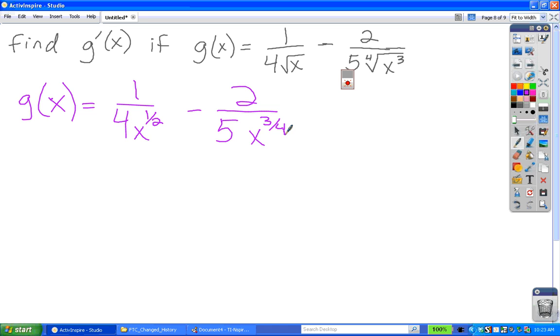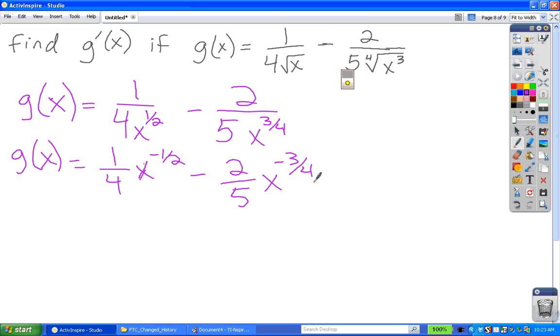So g of x is 1/4 times x to the negative 1/2 power, and we have 2/5 times x to the negative 3/4 power.